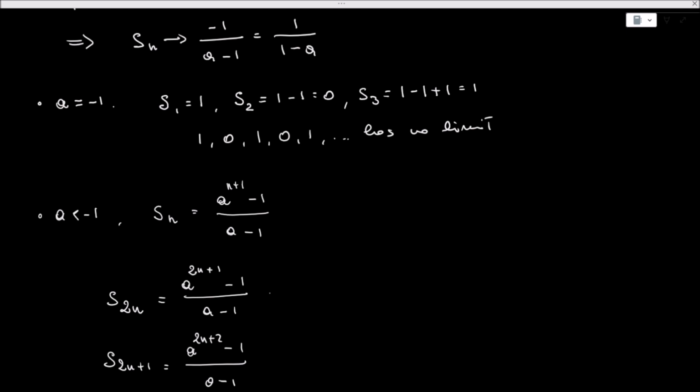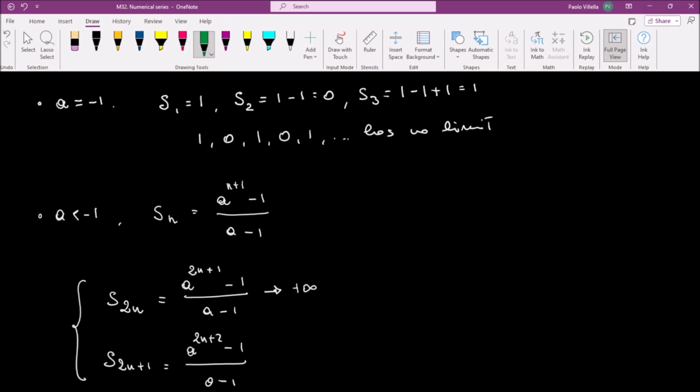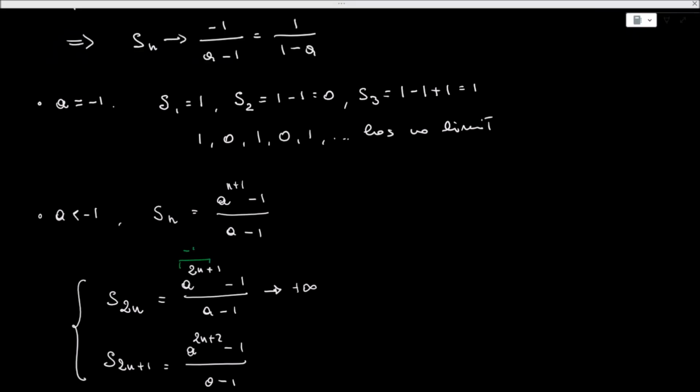And we immediately see that the first subsequence will diverge to plus infinity because we have that a raised to the 2n plus 1, of course this will go to minus infinity, and this will be a number less than 0, so clearly the ratio is going to go to plus infinity. Instead, in the other subsequence, we still have, of course, this that is less than 0, but this will now diverge to plus infinity.